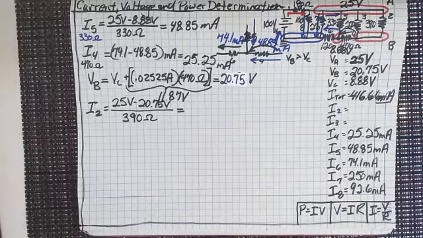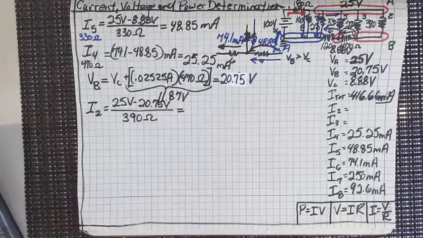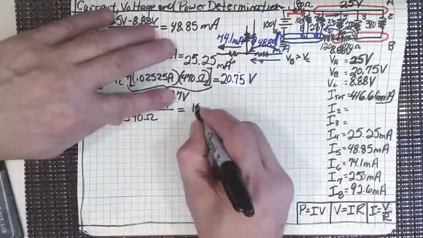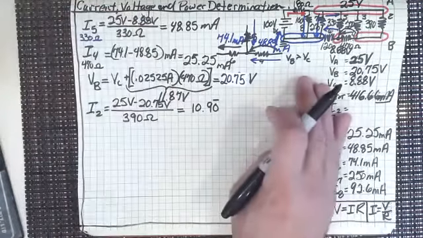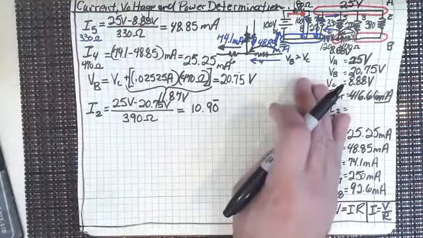So that leaves us 4.25 volts divided by 390 ohms, which is 10.90. I'm going to put a line over that 0 because it's a significant digit. I want everyone to know that. Milliamps.